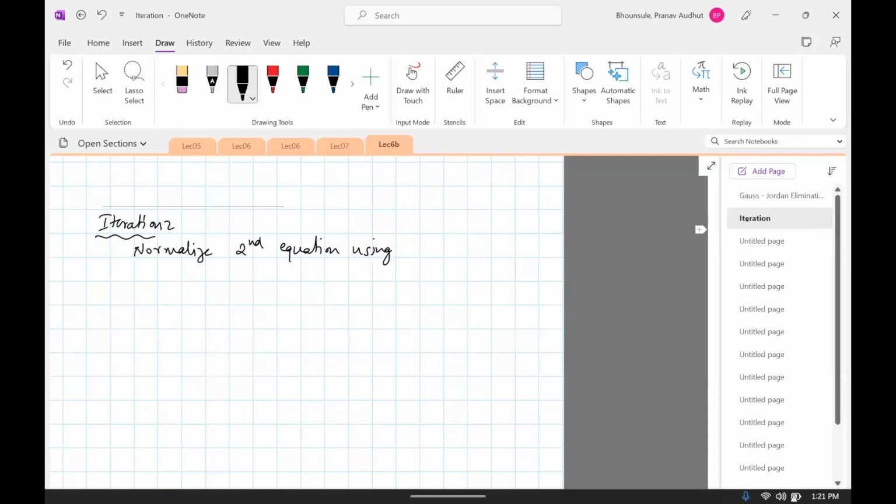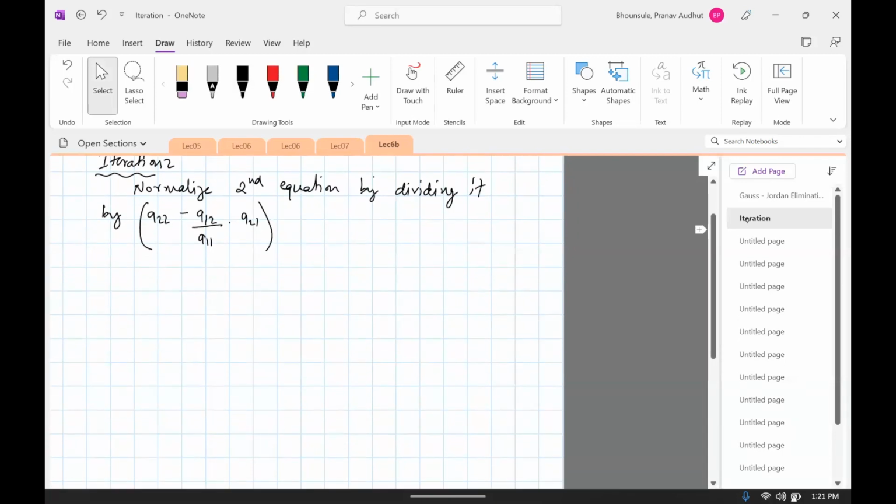So divide the equation by A22 minus A12 divided by A11 times A21.